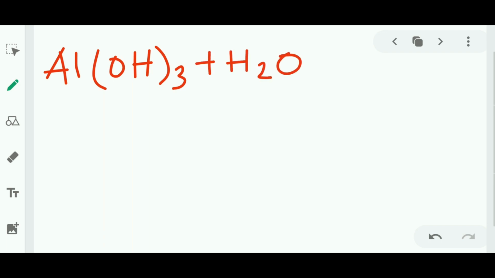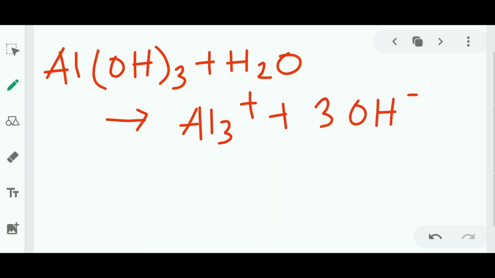So OH minus ion forms here also. So this is an example of alkali. Whenever any substance dissolves into water and produces OH minus ion, it is known as alkali. And in the case of bases, bases react with acid. So whenever bases react with acid, they produce salt and water.